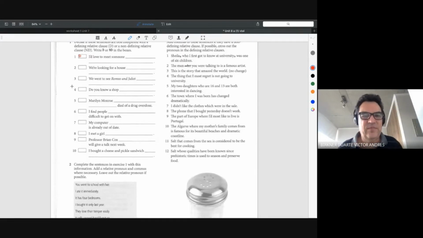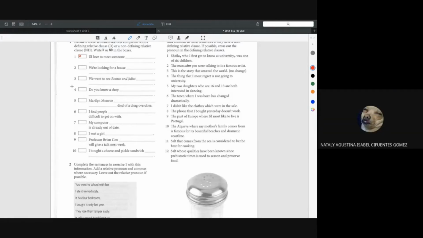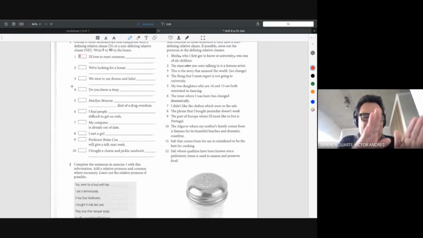Number 2, we are looking for a house. What do you think? But we have to complete the sentence. No, the first activity is just to say if it is defining or non-defining. We write just D or ND.